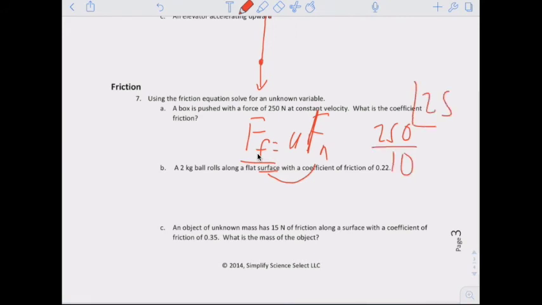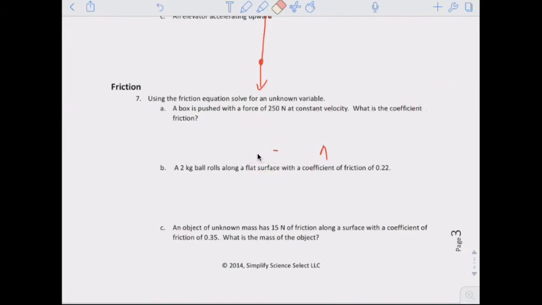The next says that a 2 kilogram ball rolls on a flat surface with a coefficient of friction of 0.22. So all we do is take our 2 kilogram and say its normal force is just the opposite of the weight. We're going to say that's on Earth, so 10 meters per second squared is the acceleration due to gravity.